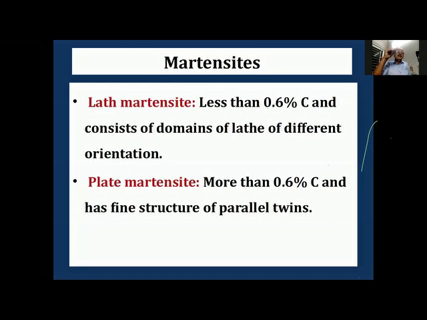Whereas wherever the carbon percentage is more than 0.6%, it will be a fine structure of parallel twins, that is plate type martensite. And naturally, what we desire in the case is plate martensite, acicular in nature.